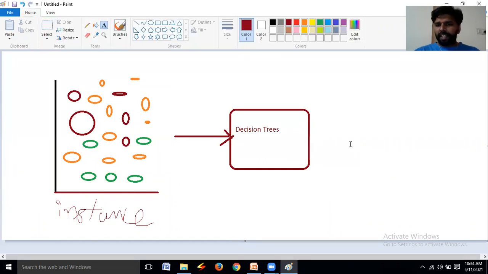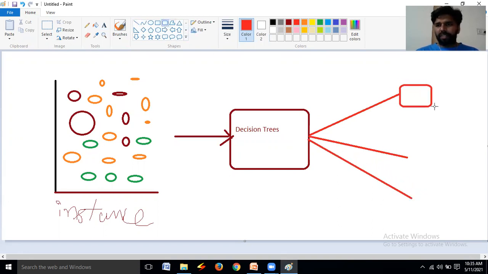Decision trees divide the instance space into segments. This is one segment, and similarly, we may construct n number of segments based on the data.